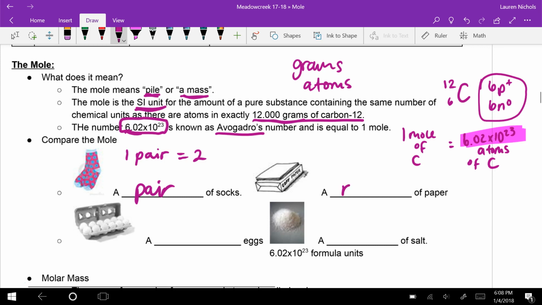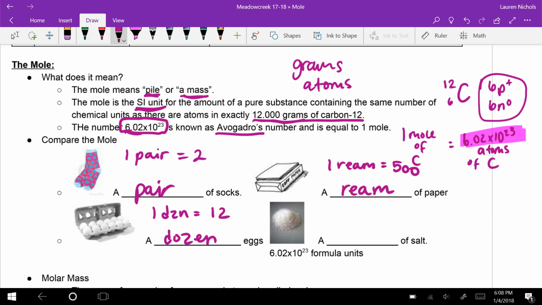Or we might be talking about a ream of paper. Now, 1 ream is equal to the number 500. Okay, just so a ream of pencils would be 500 pencils. Okay, or we might say that we have a dozen eggs, right? And we know that 1 dozen is always equal to 12.